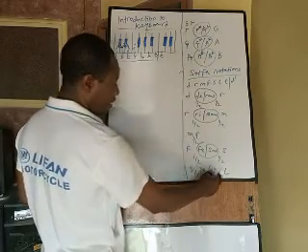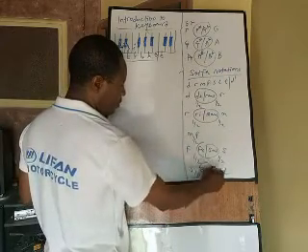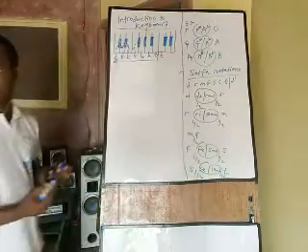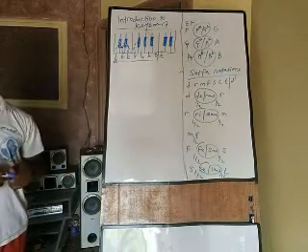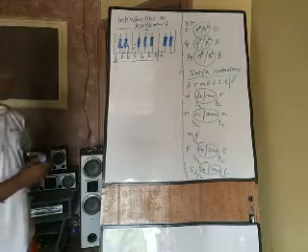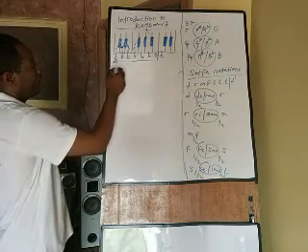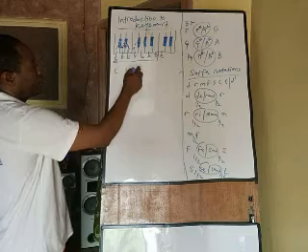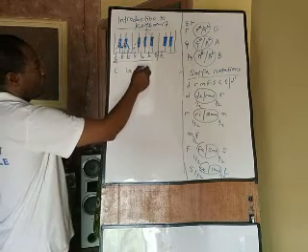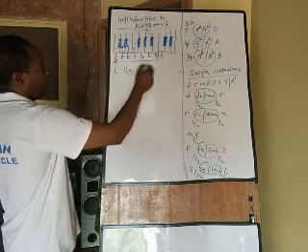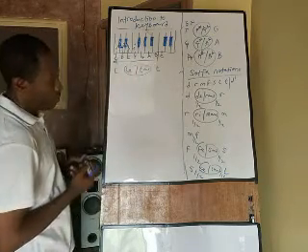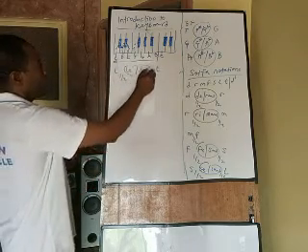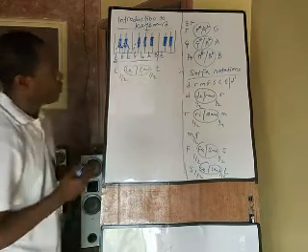Between here and here is half, like we have in keys. Between La and Ti, we have Li and To. This place to this place is half. This place to this place is half.